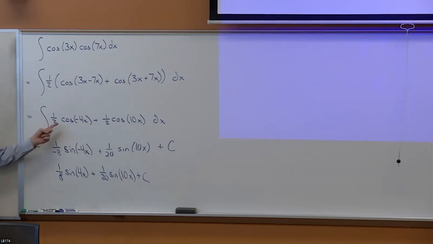And cosine is an even function, so cosine of negative 4x is the same thing as cosine of positive 4x. So these two are the same. You can write either way in Moodle, and Moodle should recognize those are the same.